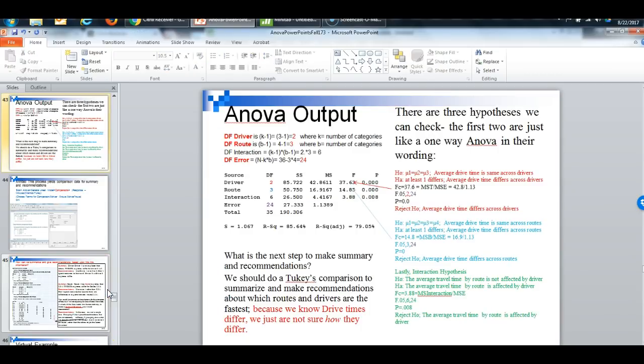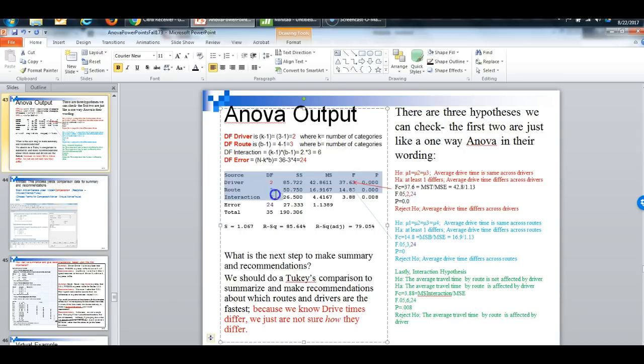All right. So here is my analysis of variance table. Let's do 2 hypotheses, one for the treatment group and one for the blocking group. So average drive time is the same across drivers. We've got 3 drivers, so we've got 3 mu's. My F computed, we get straight from here.